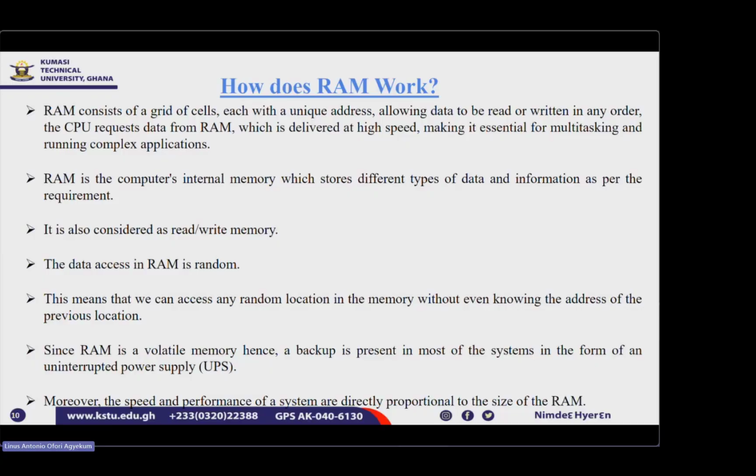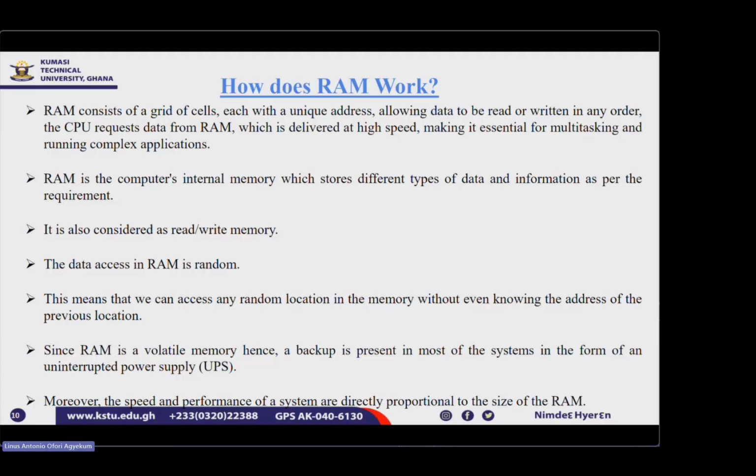Like we said earlier on, the speed and performance of any system is directly proportional to the size of the RAM. So assuming you have an Intel Core i7 processor, I also have an Intel Core i7 processor with a speed of 3.5 gigahertz each. We all have the same thing.